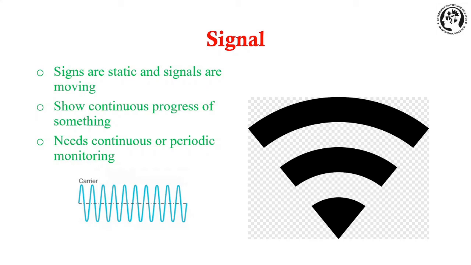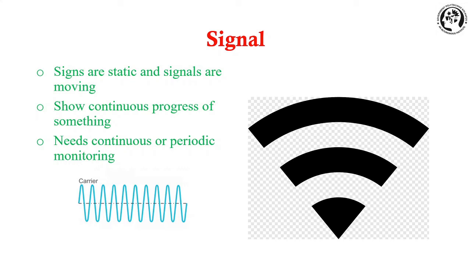Similarly, we might have seen the Wi-Fi range that is being displayed on mobile. When it is full, then we see all the three or four circles, and when it is weaker, then we see less than three circles there.